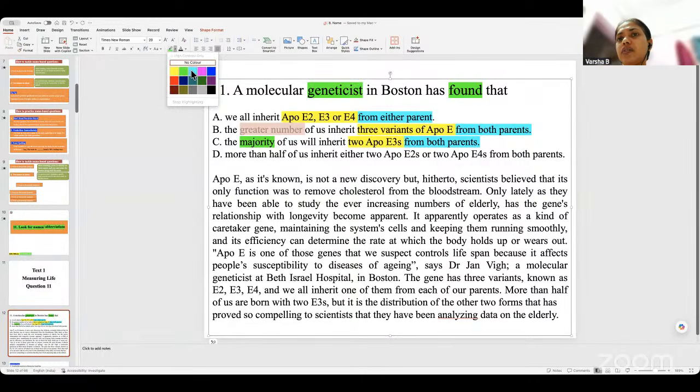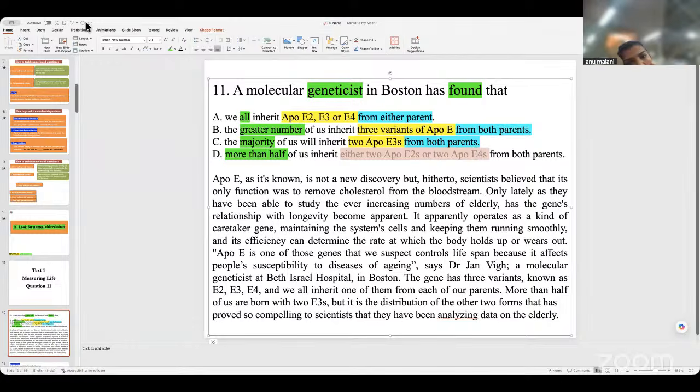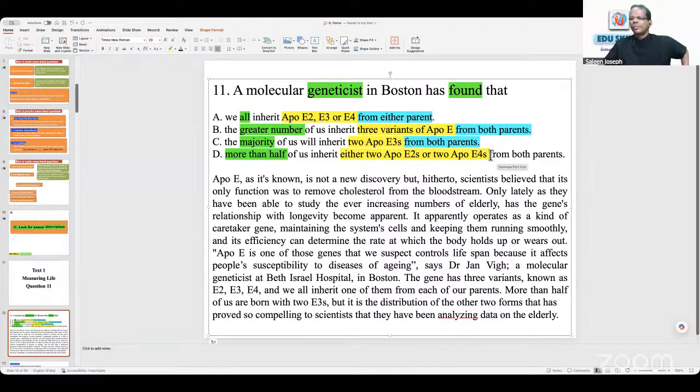All inherit. More than half of us inherit either from one or both parents.